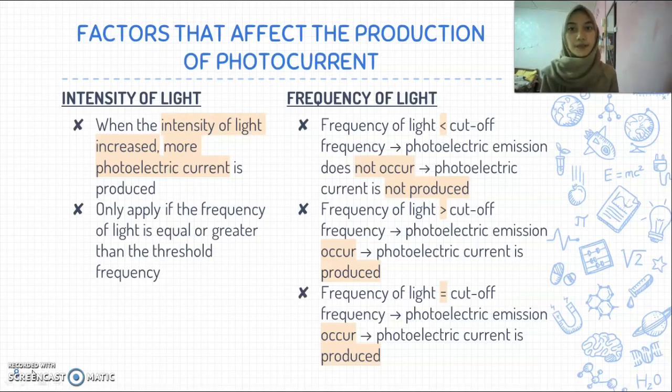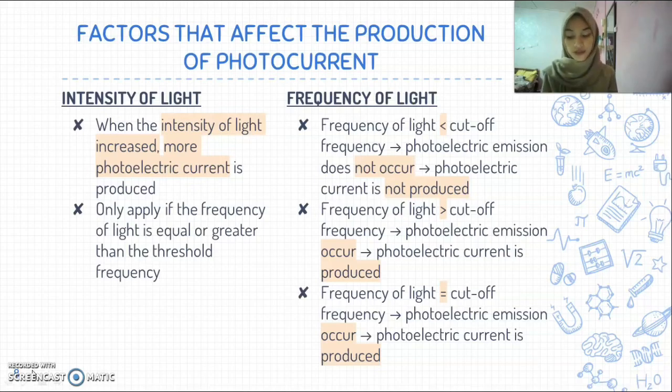Like Dini has said before, there are 4 main factors that may have a direct impact on the photoelectric effect, which are the intensity of light, frequency of light, the number of photoelectrons, and lastly the kinetic energy of the photoelectrons.